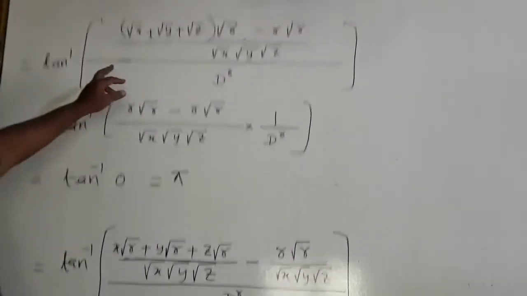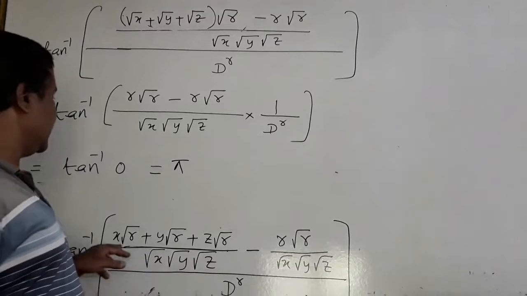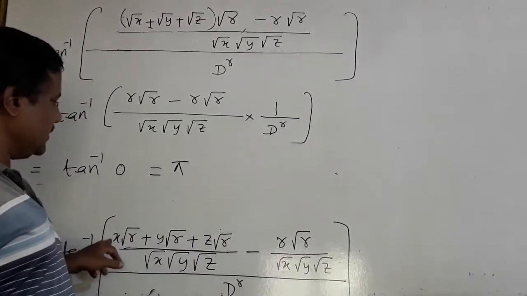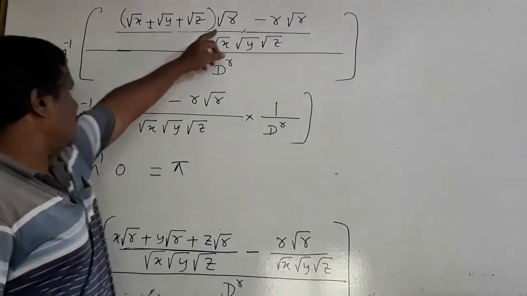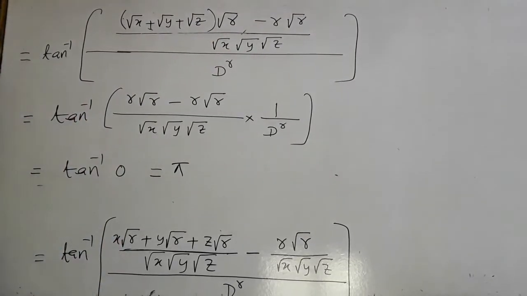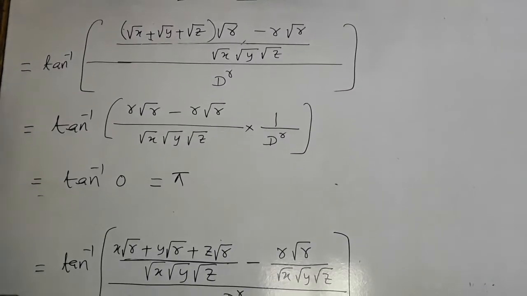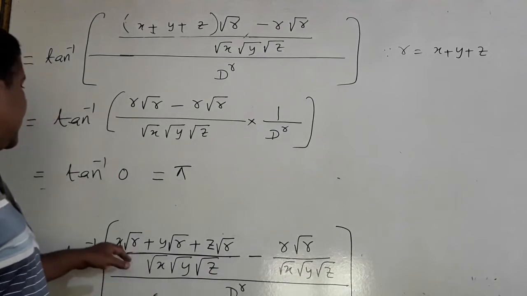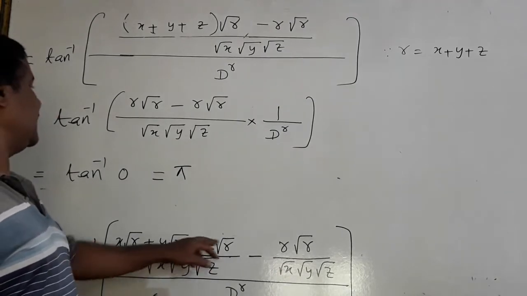Now take LCM, root x, root y, root z here. So I am taking LCM, the numerators are the same. So taking common root r, it becomes tan inverse of this. You should take common root r in the upper step.